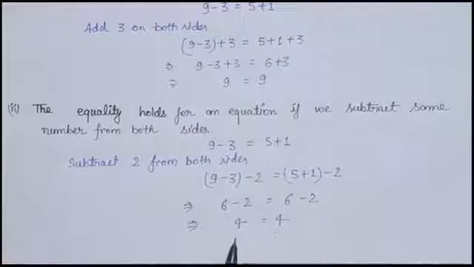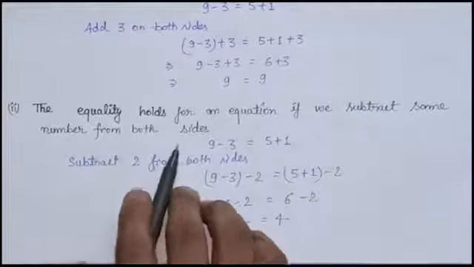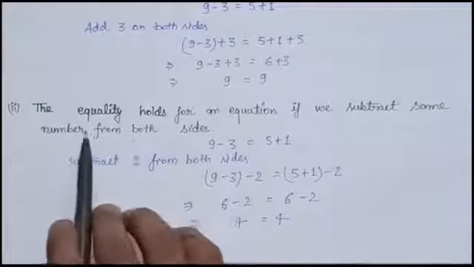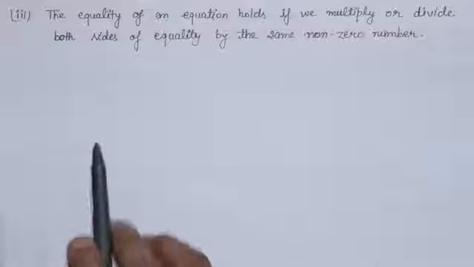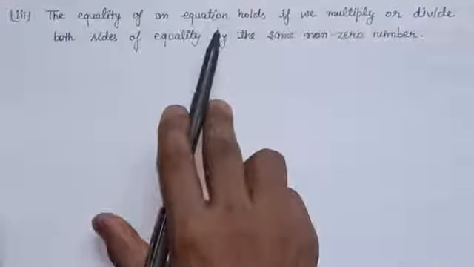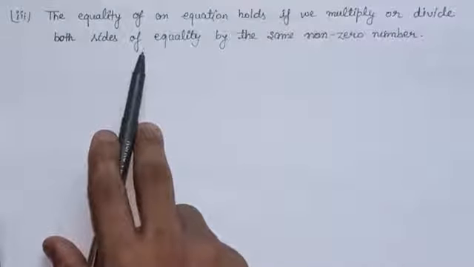Again you can see the values of LHS and RHS are the same. So we can say that when we subtract the same number from both sides of an equation, again the equality holds for that equation.